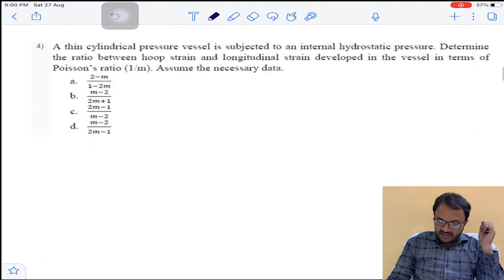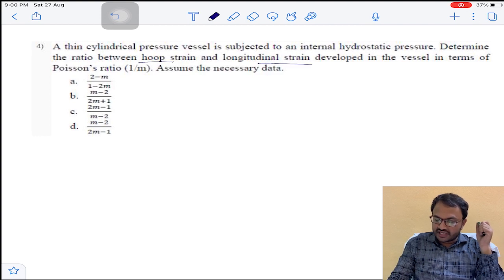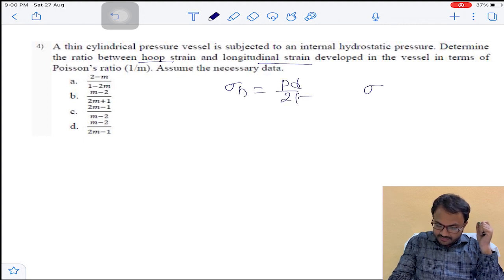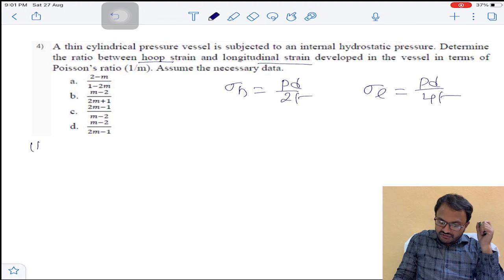Now, a thin cylindrical pressure vessel is subjected to an internal hydrostatic pressure. Determine the ratio of hoop strain and longitudinal strain. First of all, we have equations: hoop stress sigma h is equal to PD by 2T. Longitudinal stress sigma L is equal to PD by 4T. Clear? Now, first we will calculate hoop strain.